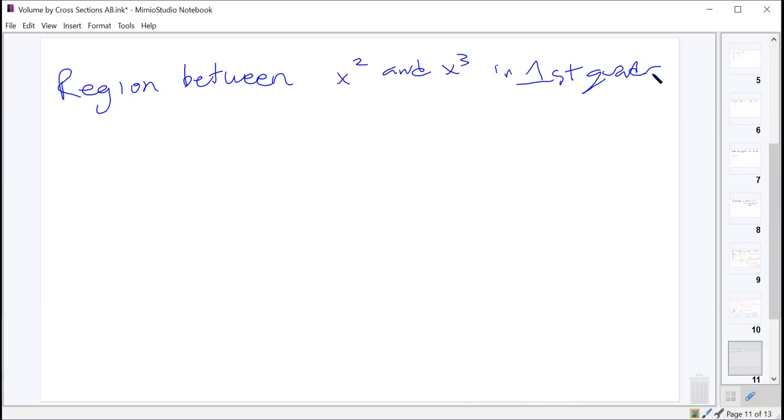And then we're going to revolve that around the x-axis. Find the volume. So be careful with your sketch of your graph. Make sure that you have the correct function above the other one. Make sure you have the right outer radius and the right inner radius.